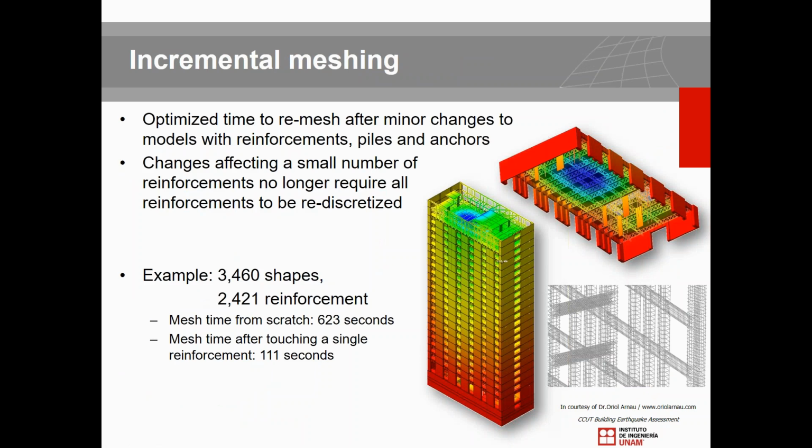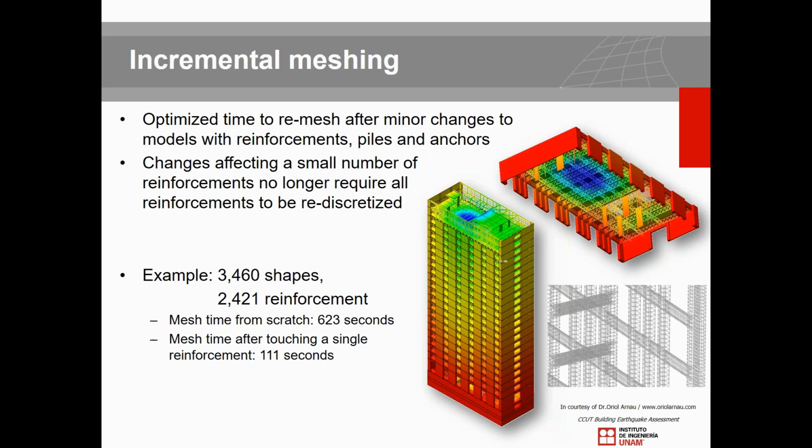But as I mentioned, if you go through the iterative procedure, if you go to the parametric analysis, in order to save your time for meshing the model, we have adopted one technique called incremental meshing. This incremental meshing is at the element level, I mean the body level, and also for the embedded elements like reinforcement, piles, sheet piles, and all those things.